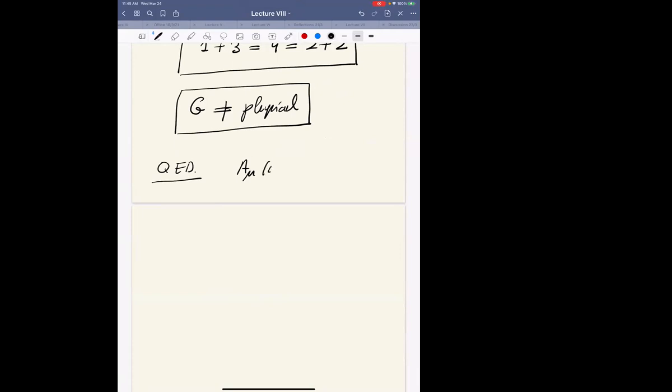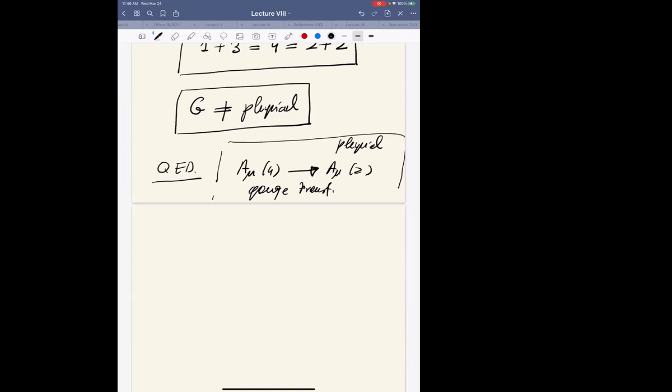So from A mu, which has 4, you can go by gauge rotation into A mu physical, which has 2. The physical field has 2. And you do that by fixing gauge transformations. You eliminate the degrees of freedom which are not physical.